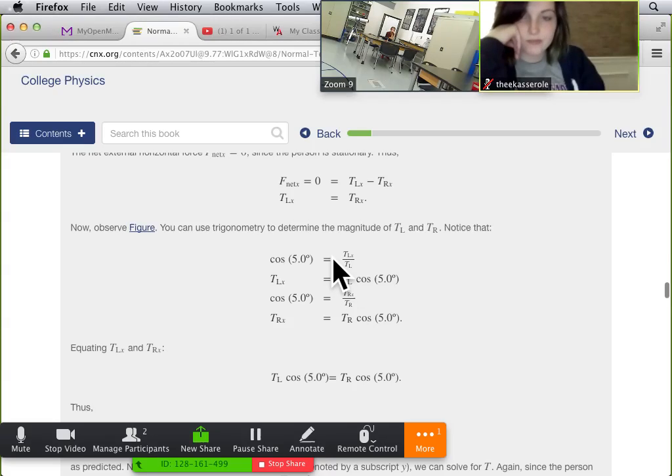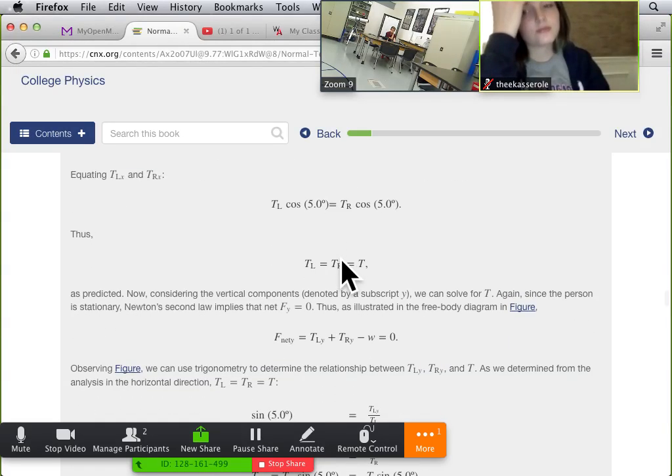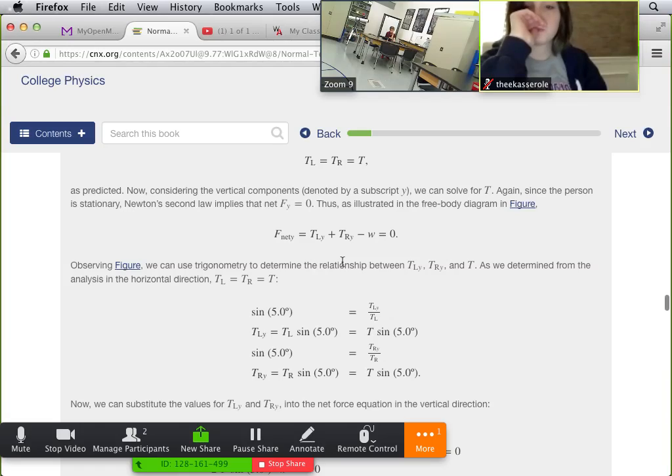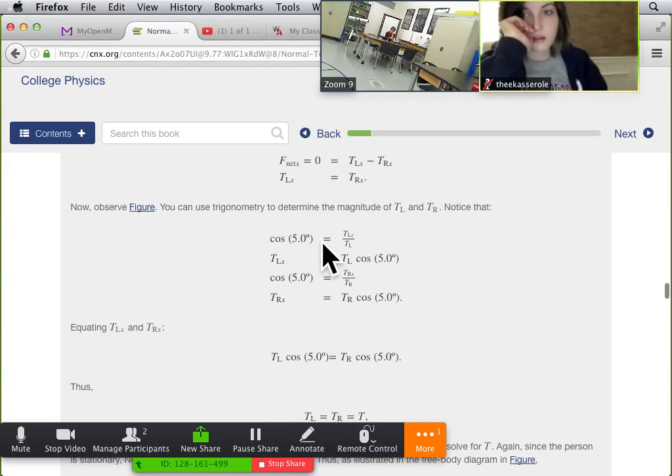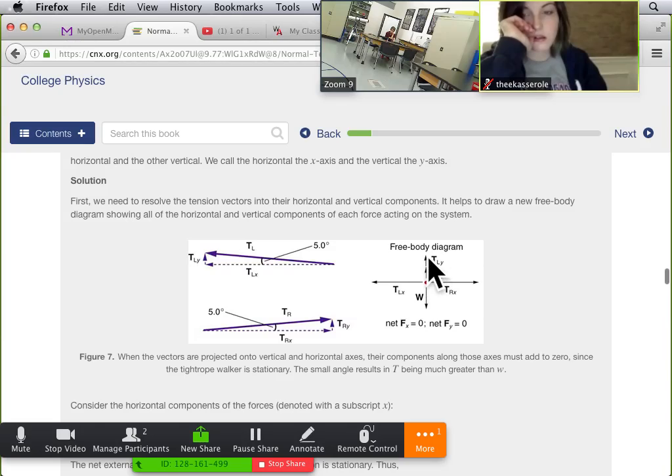But if you do the same thing in y, you get something a little bit different, because now you have the tension from the left-hand rope upward in y. That's this little guy right here. And then you have tension upward from the right in y.